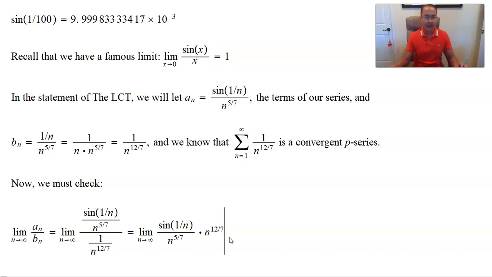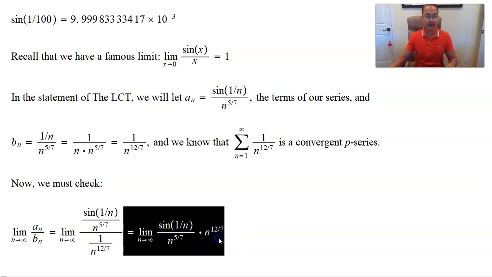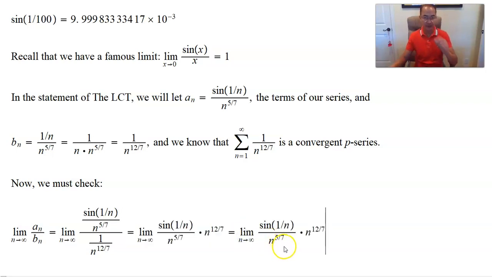We can simplify this further. Again, rules of exponents. N to the 12 over 7 over n to the 5 over 7. 12 over 7 minus 5 over 7 is 7 over 7. So that is n to the 1 in the numerator, which is of course simply n.